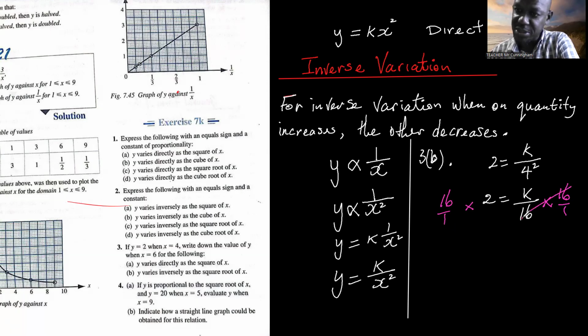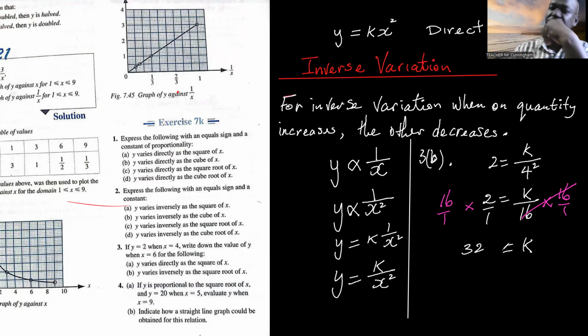So the 16 cancels off on that side, leaving me with k. So this is like 2 over 1. So 16 twos are 32, over 1, or 32. So k is equal to what, people? 32.